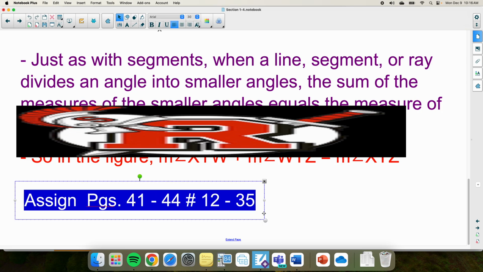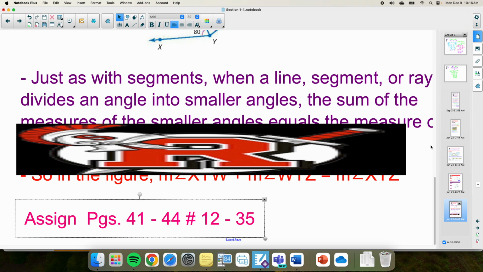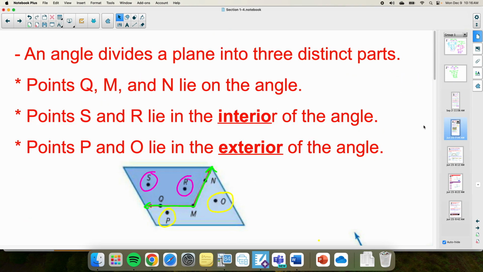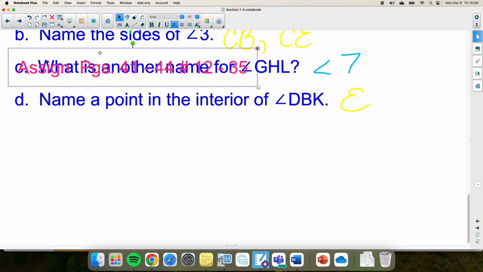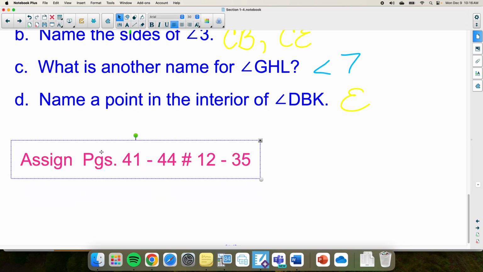Don't copy this yet, you guys, because this would be if we were doing the entire thing, and we're not, so just don't write anything yet.